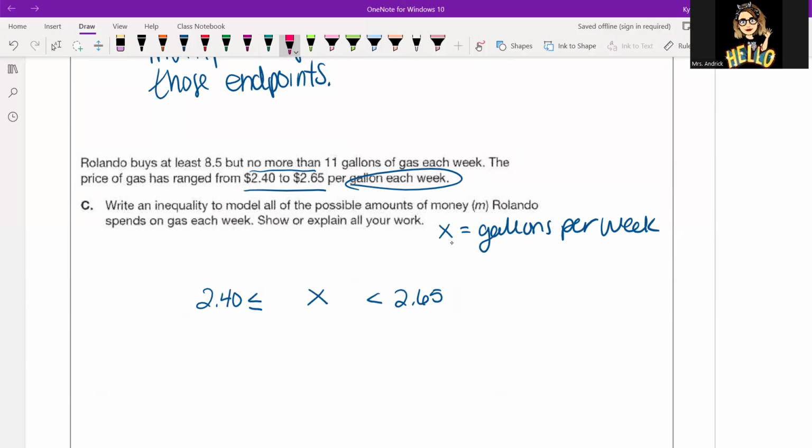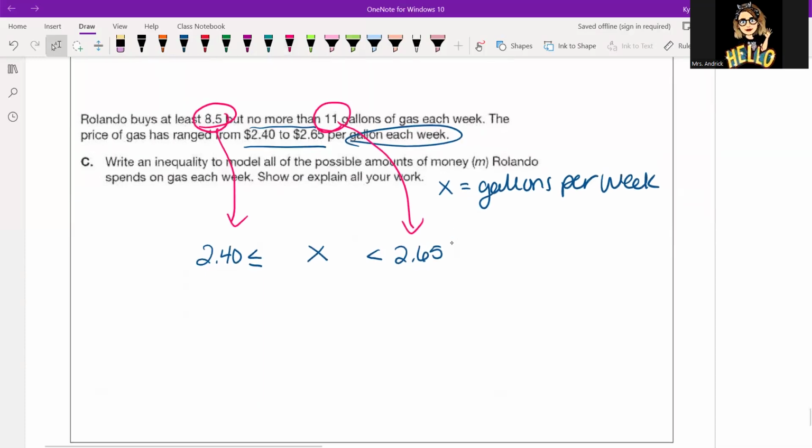Now we're going to take how many gallons we buy and just multiply it by our endpoints. So we'll do 240 times 8.50 and 265 times 8.50. So do that in your calculator.